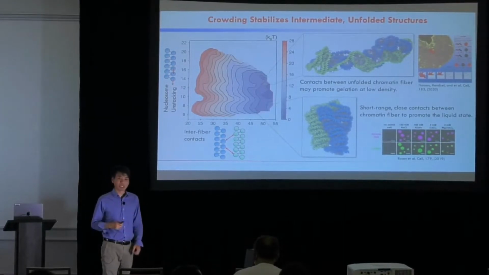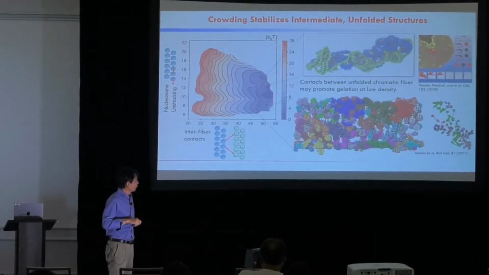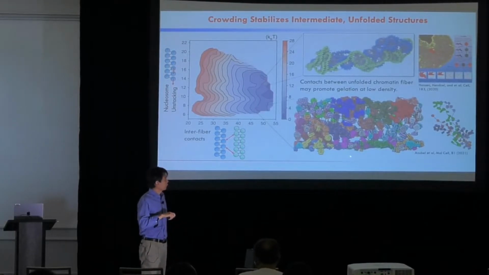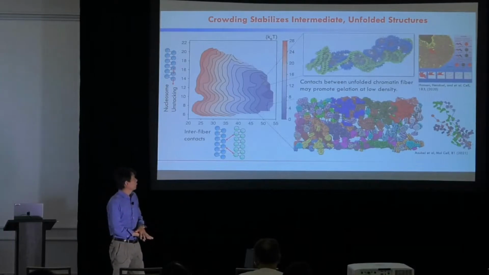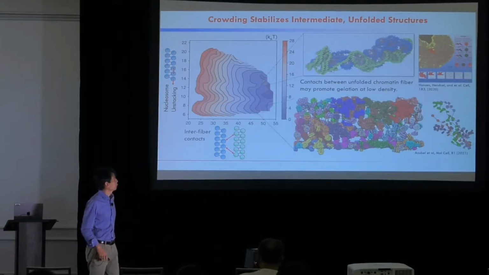Remarkably, I was at another meeting last week, and I realized there's this paper from the Kornberg lab where they look at the chromatin structure directly in the nucleus with remarkable resolution, and they indeed see a lot of interdigitation that is quite similar to what we see in our simulations.